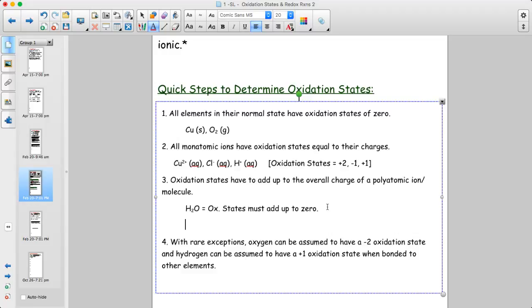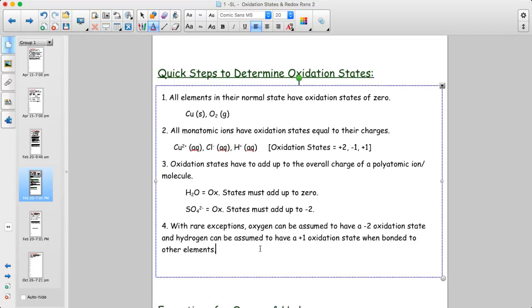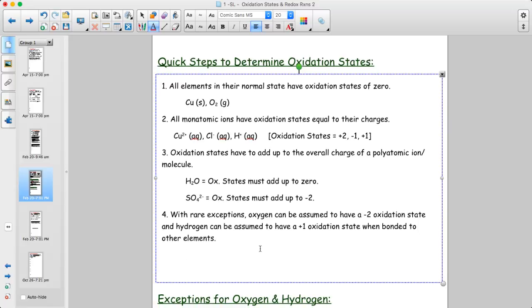If you were doing something like sulfate, so you've got SO4 2-, then oxidation states must add up to -2.